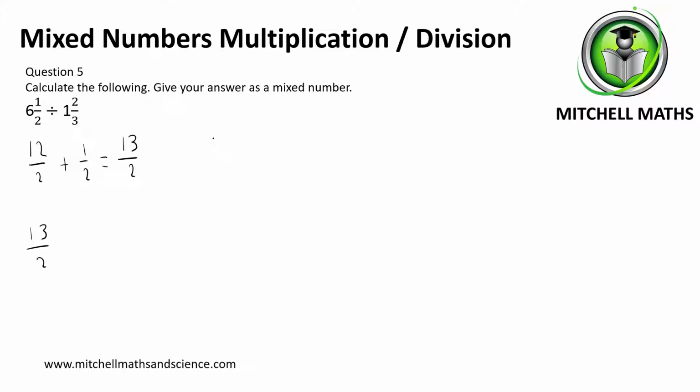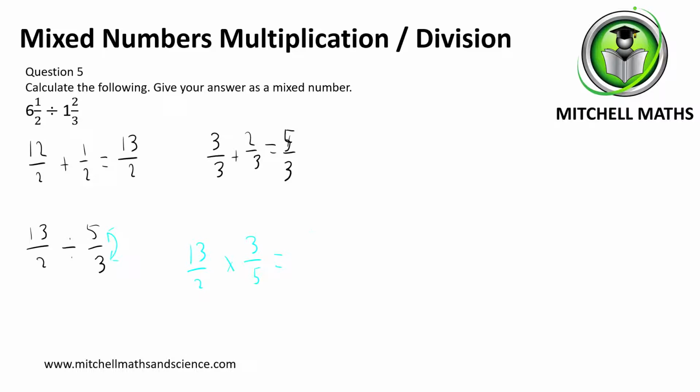So I've got 13/2 and 1 2/3. Well, how many thirds are there in 1? There's 3. Plus 2/3 is equal to 5/3. So I'm going to divide by 5/3. And if you remember from the last question, we need to flip this second fraction and multiply, which will give us 13/2 multiplied by 3/5.